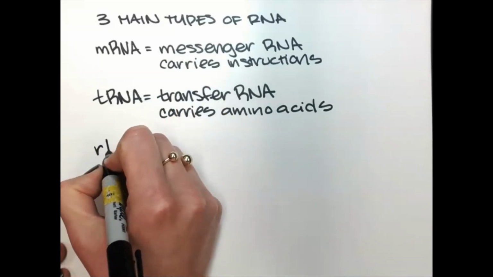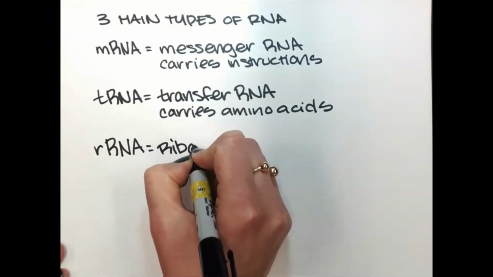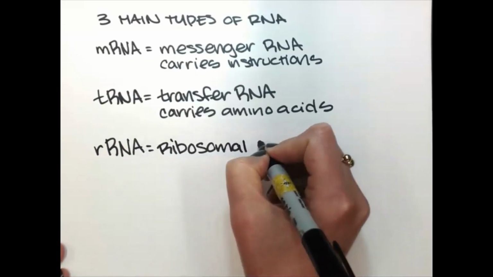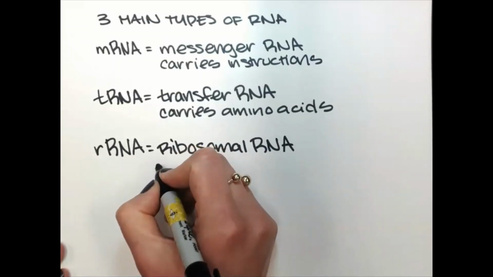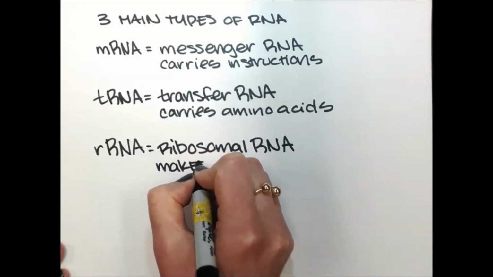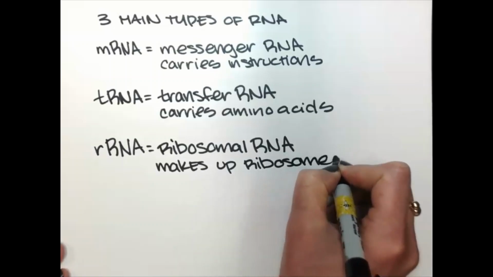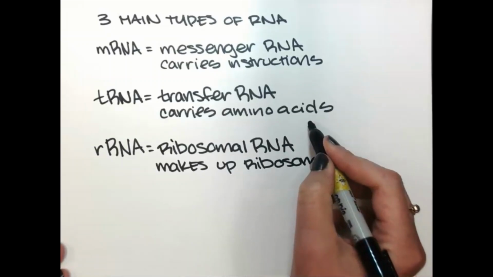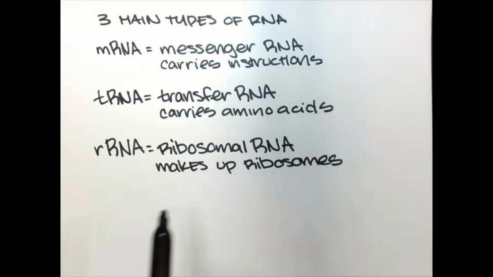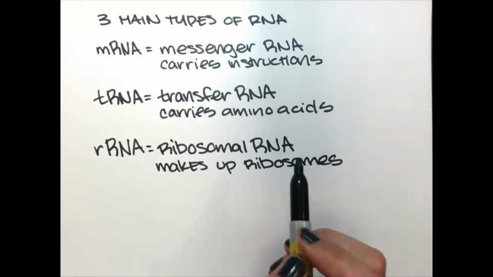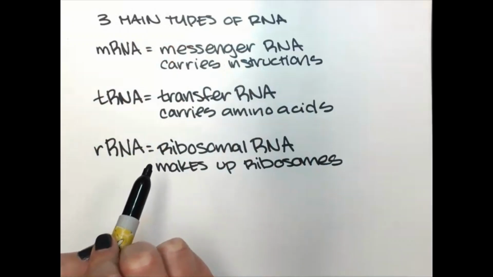And then the last one is going to be rRNA, which stands for ribosomal RNA, which, guess what, helps make ribosomes, which actually put together the amino acids using the instructions from the messenger RNA. So ribosomes are actually made up of proteins and rRNA together. So those are your three main types of RNA.